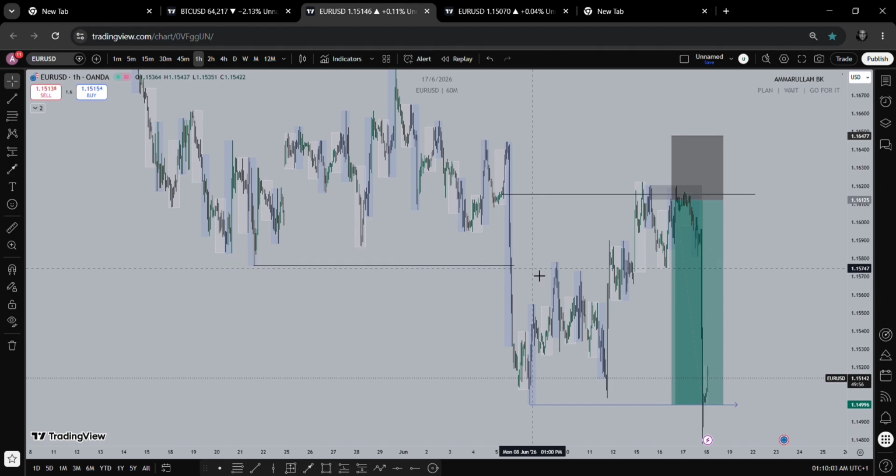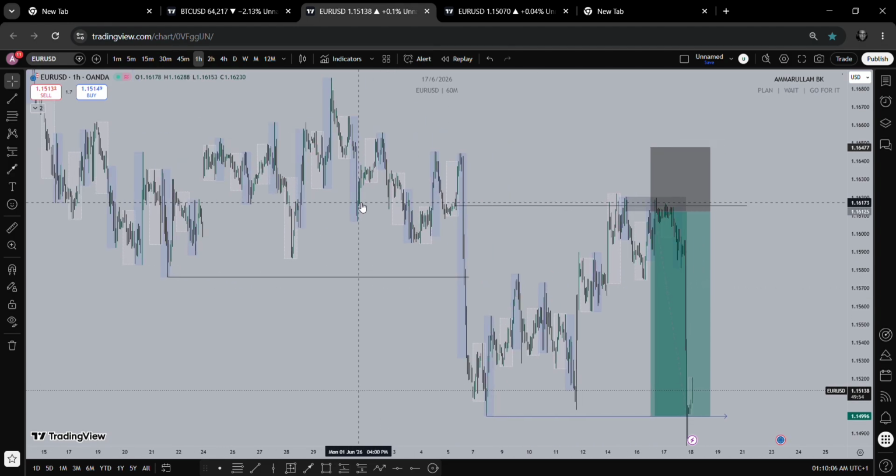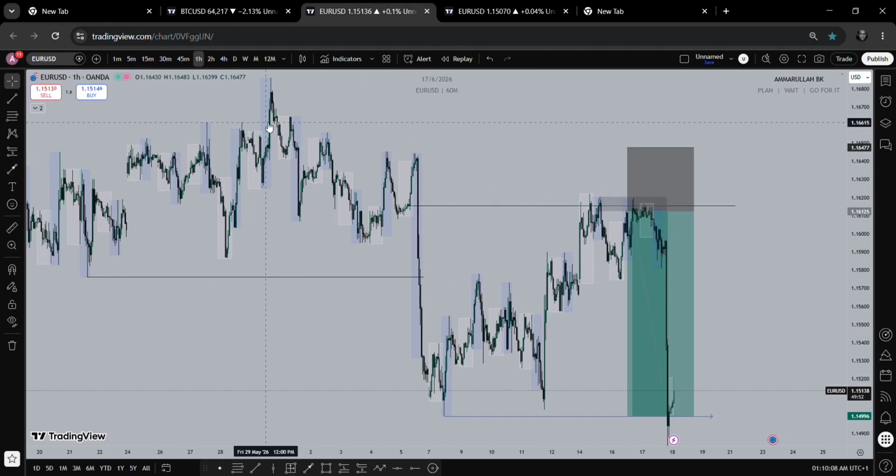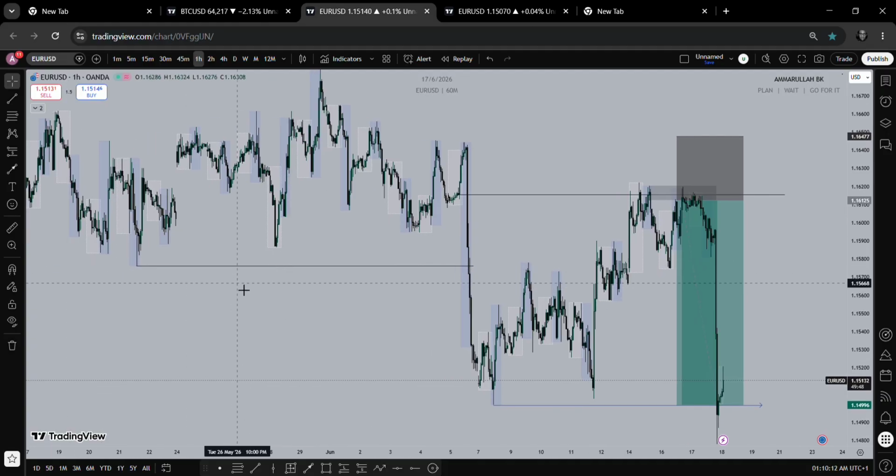It's just higher time frame structure, then continuation of the structure in the 4 hour time frame, then a reversal to a particular level, the supply level. When it reversed to the supply level, I waited for rejection. It rejected from the supply level.